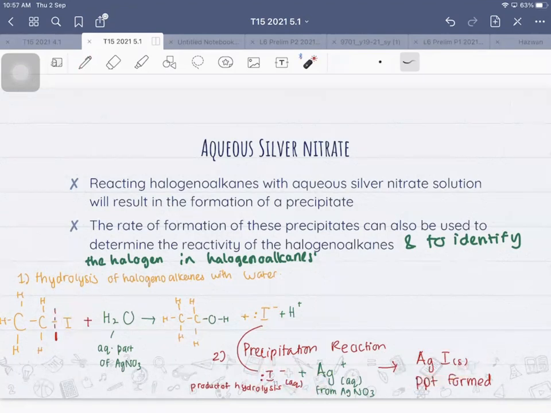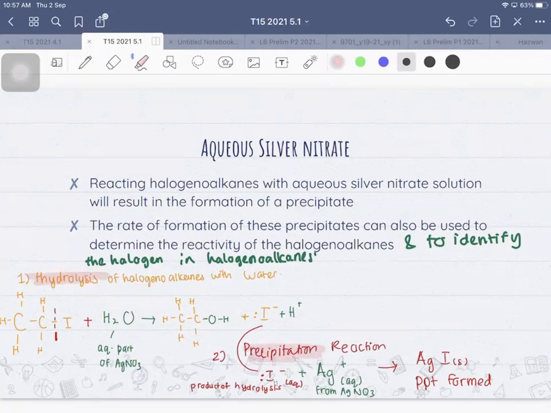Okay, so that's a nice way of testing what halogen is present in your halogenoalkane. So it's a 2-in-1 reaction. First reaction is the hydrolysis, and second reaction is the precipitation reaction.